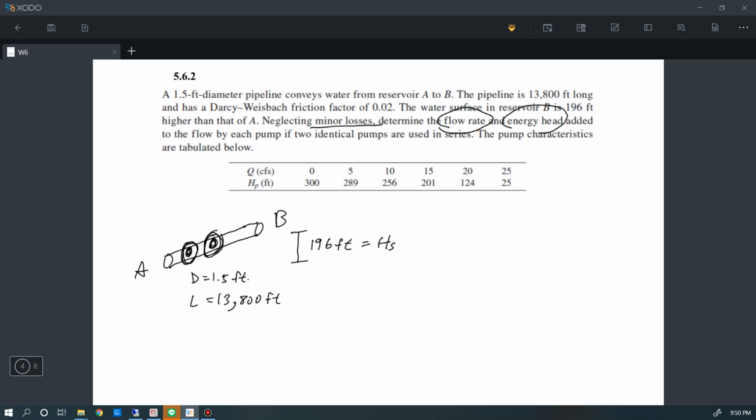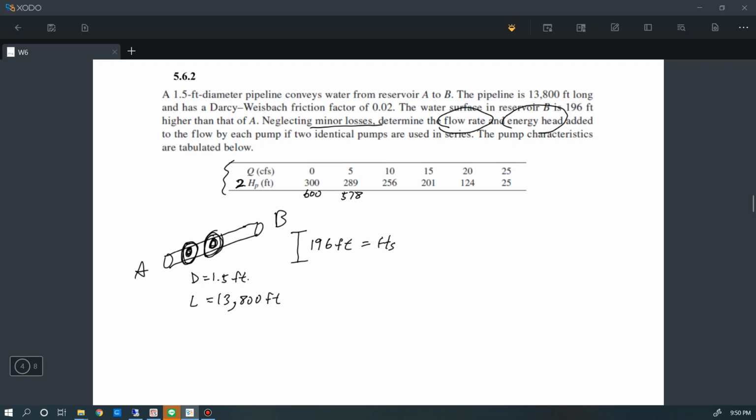That means the energy provided by the pump is double compared to just using one pump, right? So the only thing that we need to change here is that the pump characteristic, the energy provided by the pump, can just simply be multiplied by 2. So this becomes 600 and these become 578.